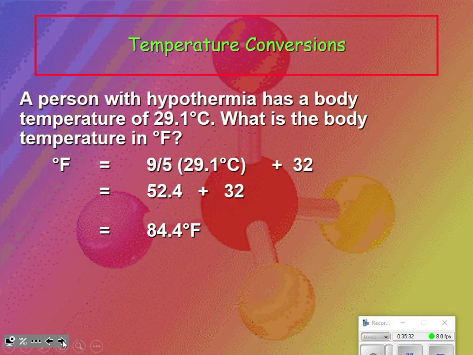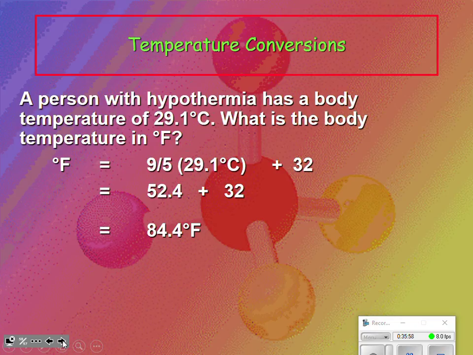Here is an example. A person with hypothermia has a body temperature of 29.1 degrees Celsius. What is the body temperature in Fahrenheit? Well, if you look at your Fahrenheit calculation, Fahrenheit is equal to 9/5 times degrees Celsius plus 32.